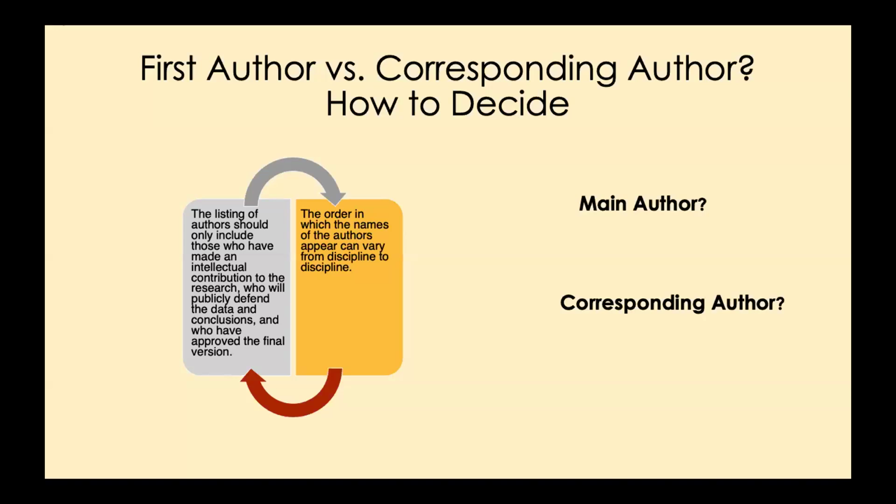Corresponding author is the person that can look at the whole picture of the article from the beginning, from the pre-experiment and post-experiment, meaning that this corresponding author is the person responsible to give an idea or to guide the experiment, and also the person responsible to answer all the questions after publication.